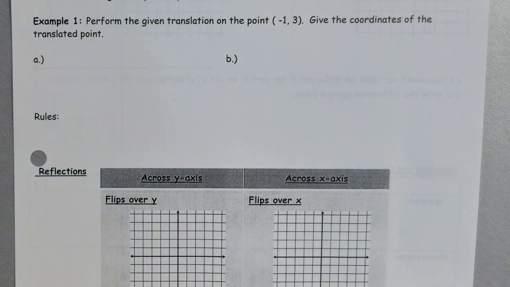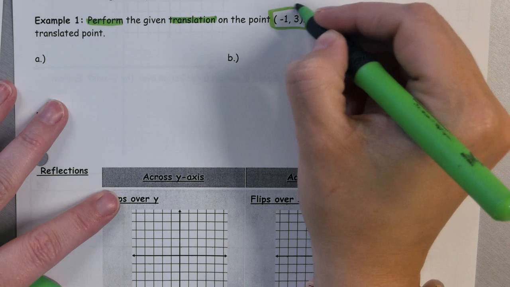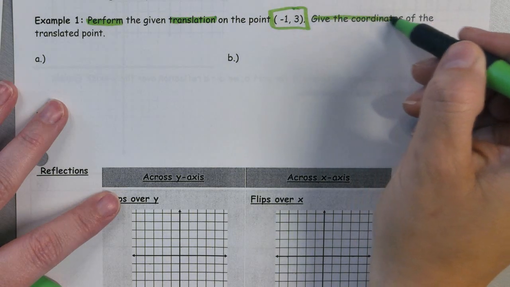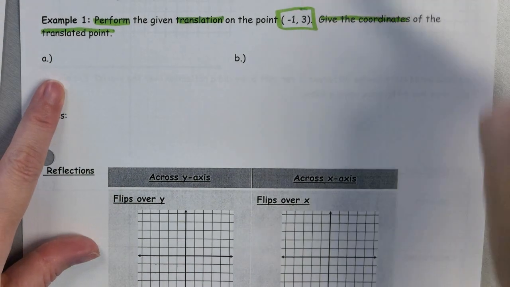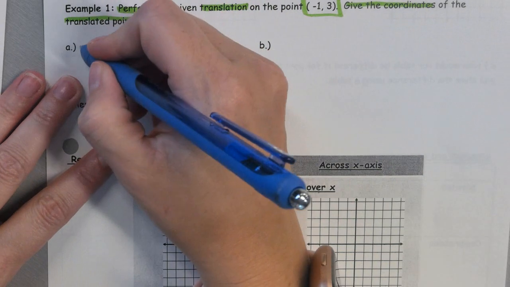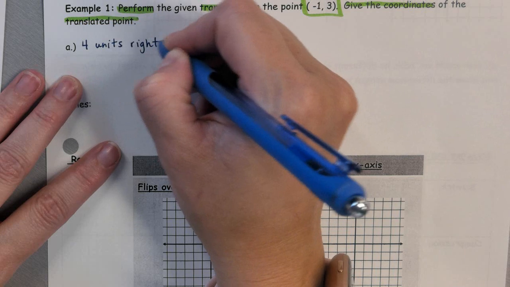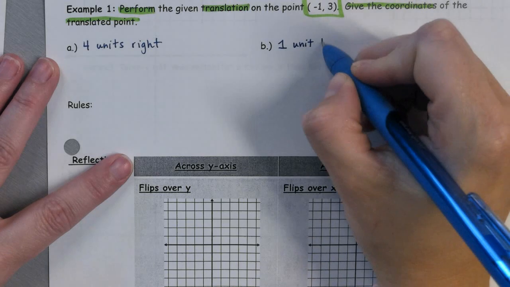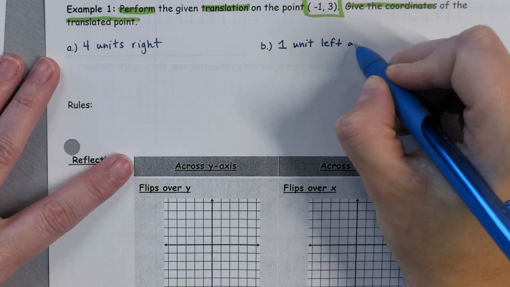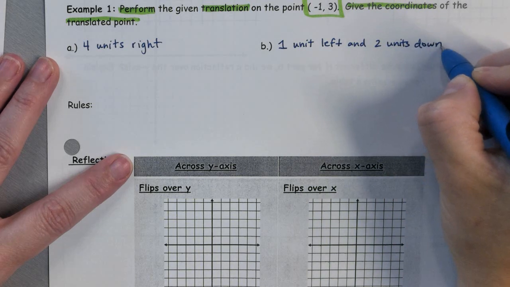I'm performing the translation on this point here, and then I have to give the coordinates of that new point. For A, we're going to be moving it 4 units to the right. For B, we're going to be moving it 1 unit left and 2 units down.